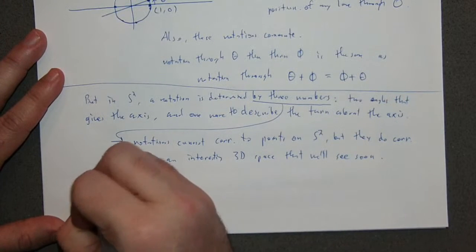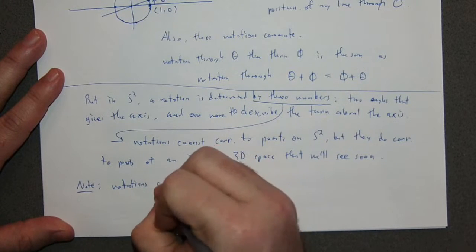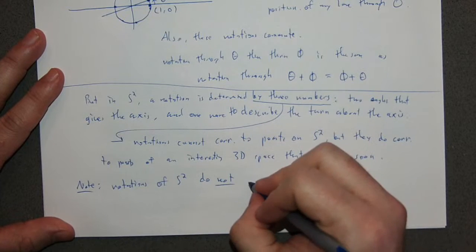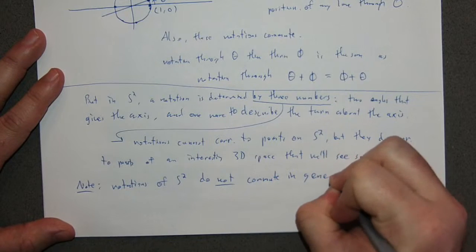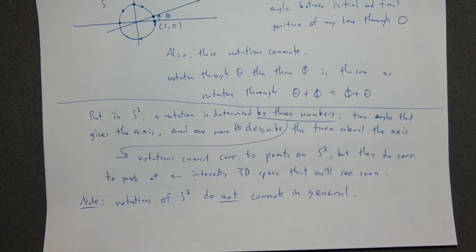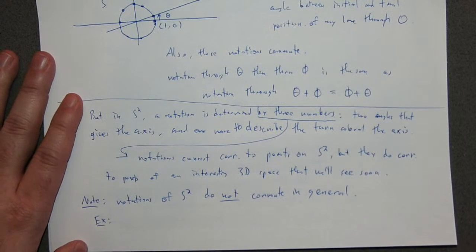One more thing to note. Rotations of S2 don't commute. Not in general, anyway. Okay, you can find some that do, but in general they don't commute. And so an example of this is to consider a quarter turn around the z-axis with a half turn around the x-axis.